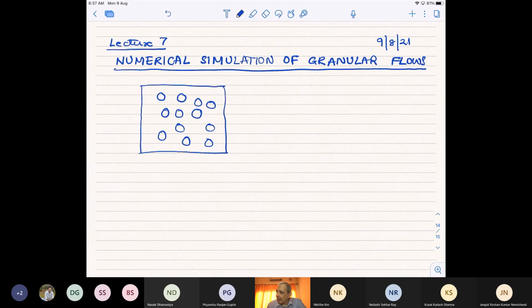Correct? And let's suppose they're all moving with some velocities. Now what we would like to do is calculate the motion of every particle.